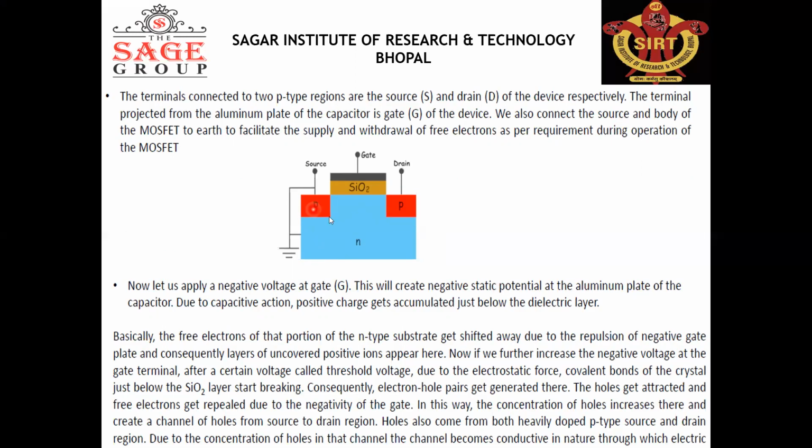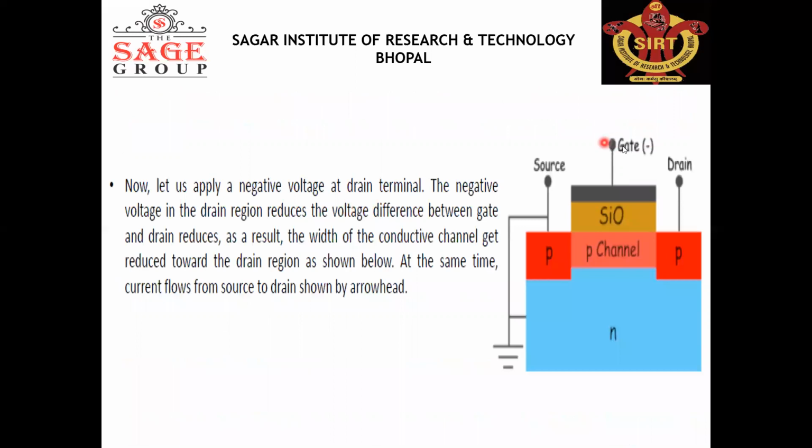Here you can see that the channel does not exist between the drain and source. But after applying a field at the gate terminal, the channel will exist between the drain and source. The negative voltage at the drain reduces the voltage difference between the gate and drain. As a result, the width of the conductive channel is reduced towards the drain region, as shown below.